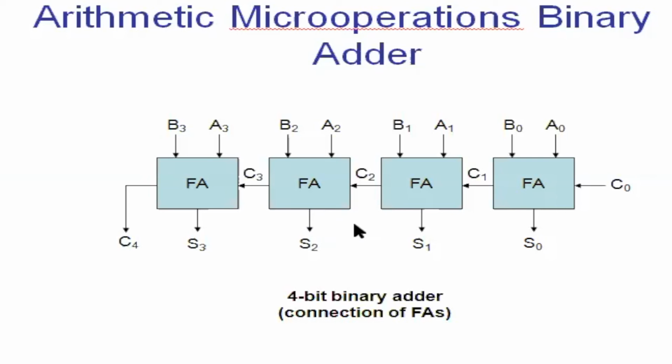It could be the first, second, third, or fourth stage. If it is the first, second, or third stage, this is an output carry, which acts as an input carry at the next stage. And if it is the final stage, it acts as an end carry.